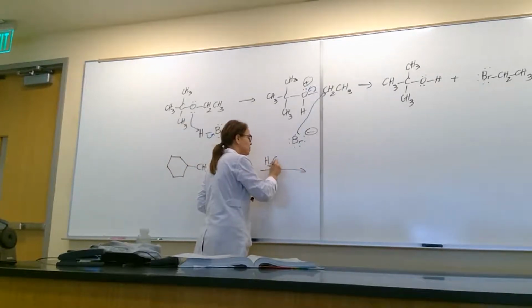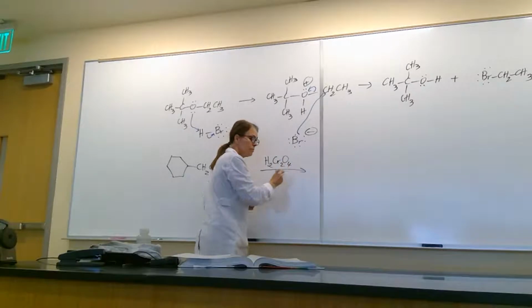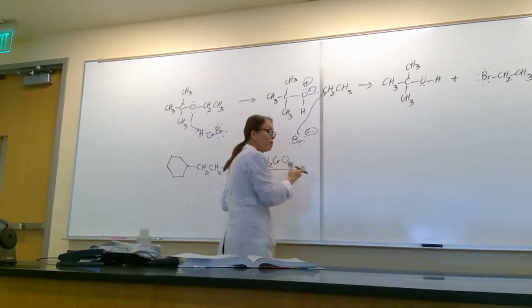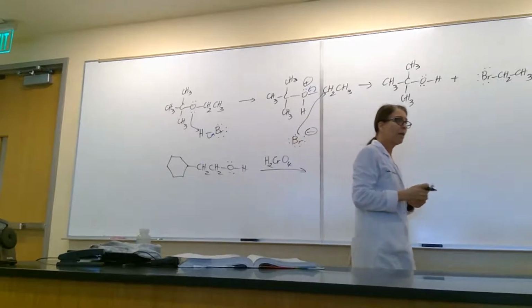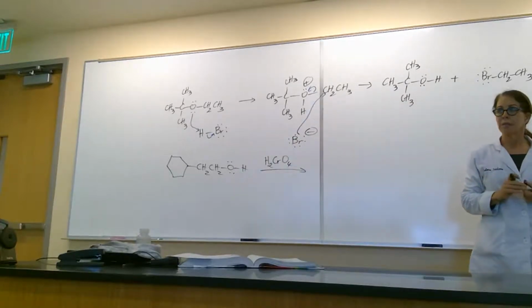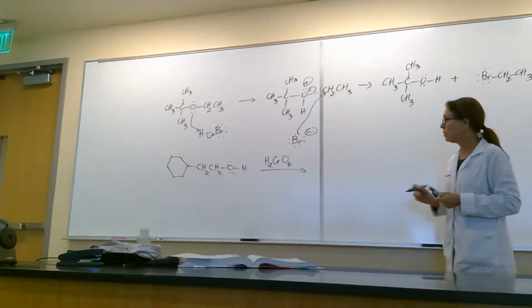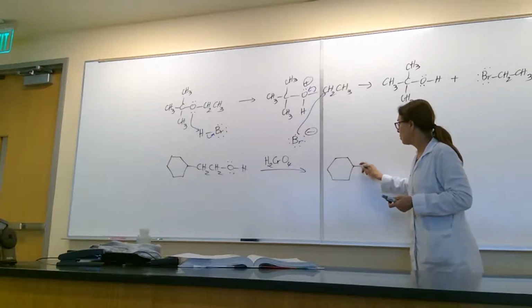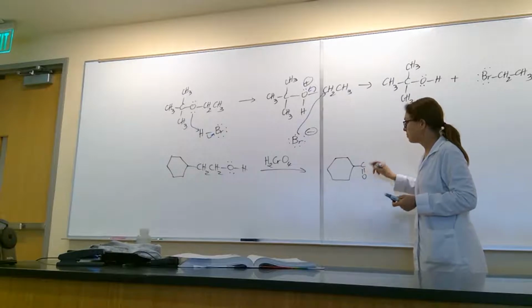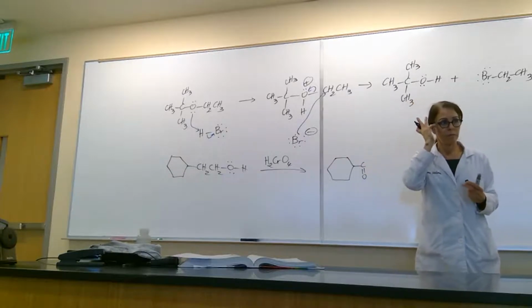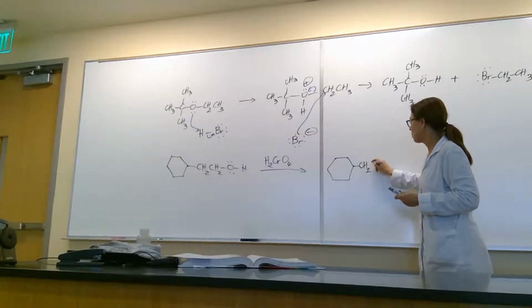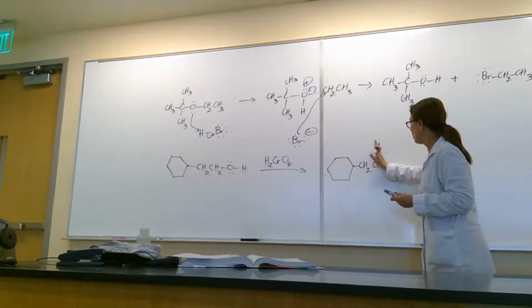What type of reaction is this? H2CrO4. So it's an oxidation. How far will it go for a primary alcohol? It goes all the way to carboxylic acid. Okay, so it's CH3, I'm sorry, CH2, COOH.